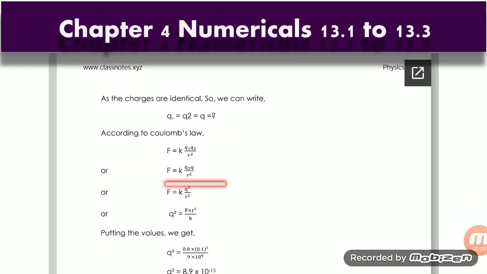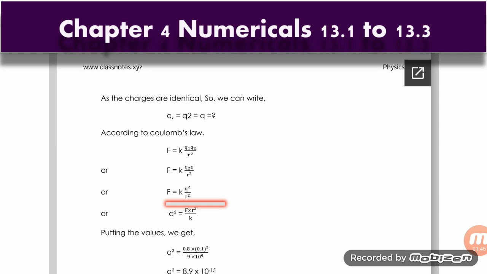We have to find Q, and we put Coulomb's law: F is equal to Coulomb's constant multiplied by charge 1 multiplied by charge 2 over the distance squared. As the two charges are identical, we can take the square, so the formula becomes F is equal to K multiplied by Q square over r square.